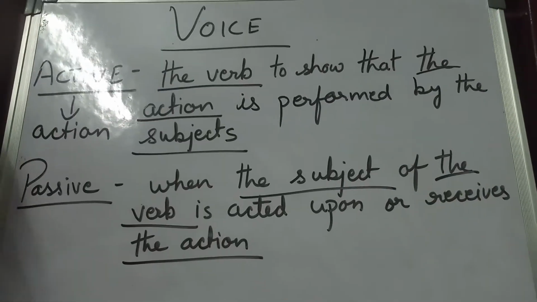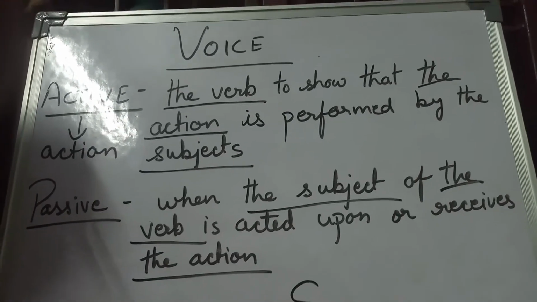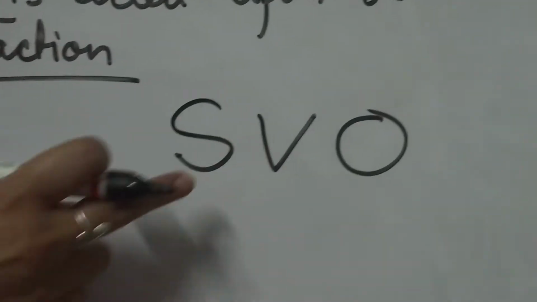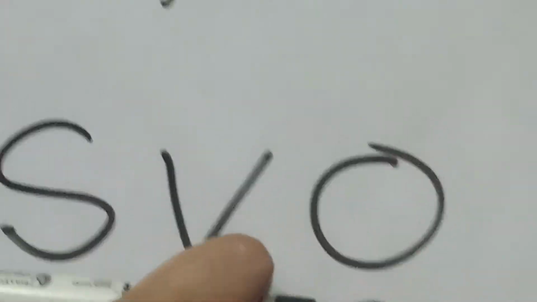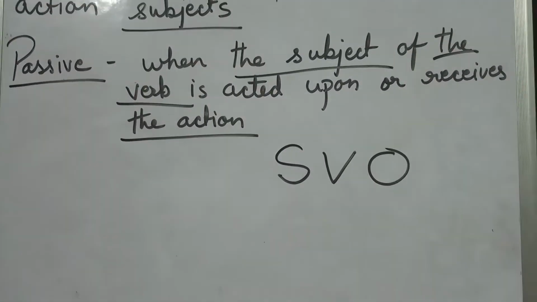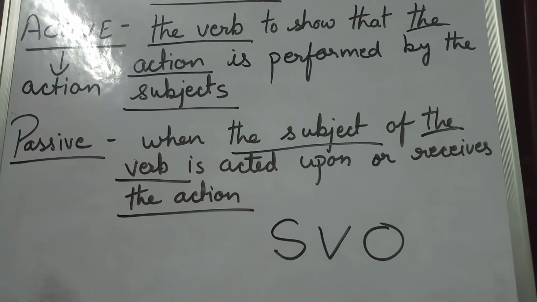Now here comes the shortcut that we are applying, that is SVO. That is subject, verb, object. Three main things. If these three things you understand, that is subject, verb, and object, you have to just mug it up.